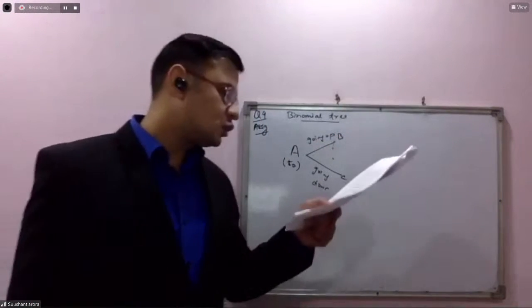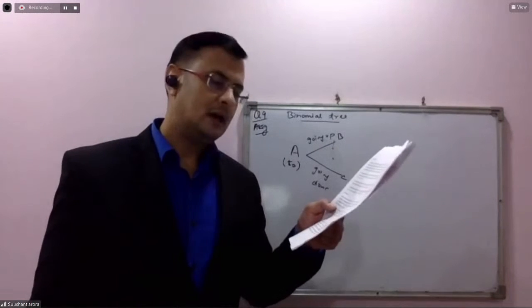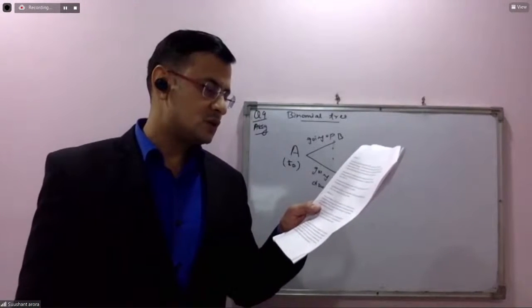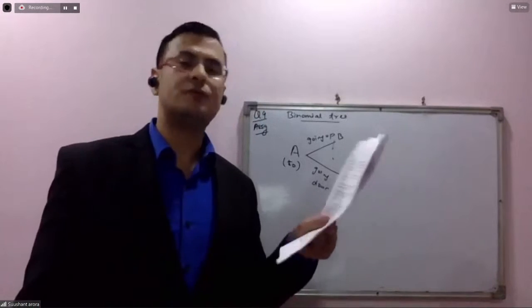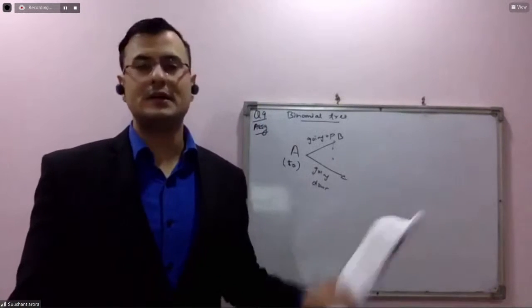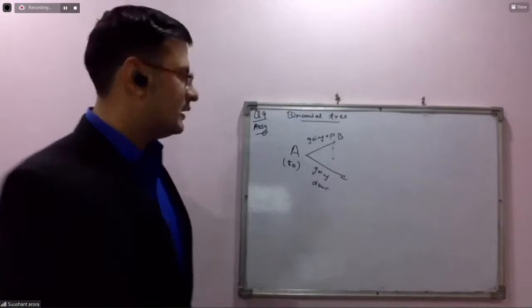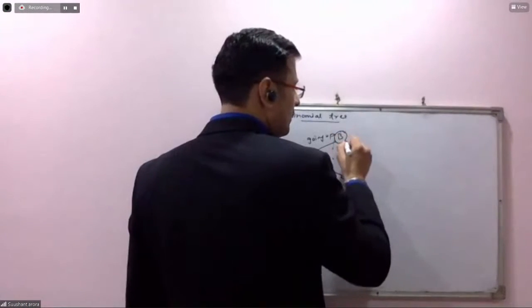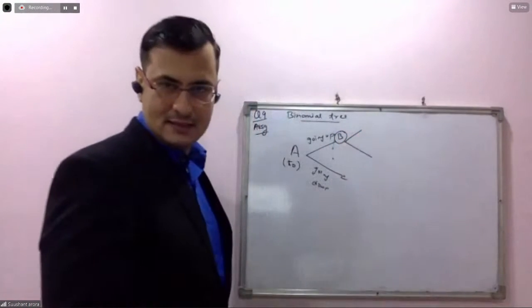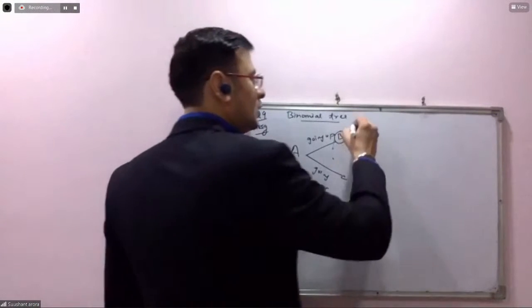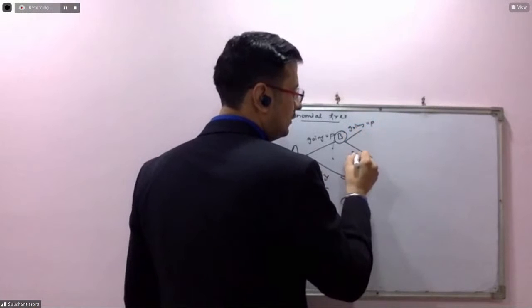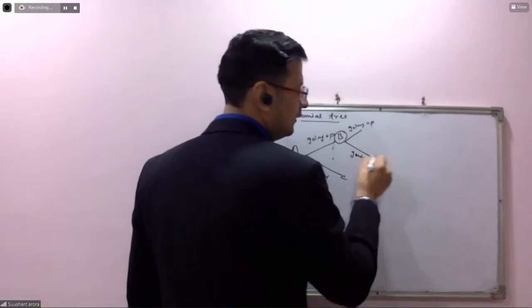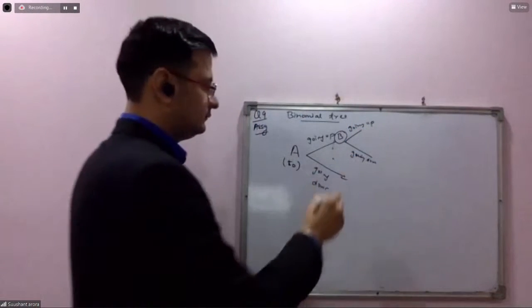Since it's a 2-year period, 2 time periods of 1 year, in each year the stock price can move up and down by an equal percentage of 20%. From here it can again go to 2 possibilities, going up, going down, and the same is the case.